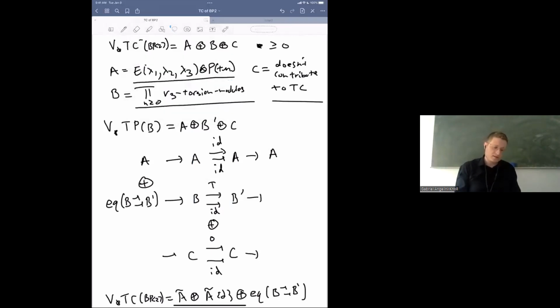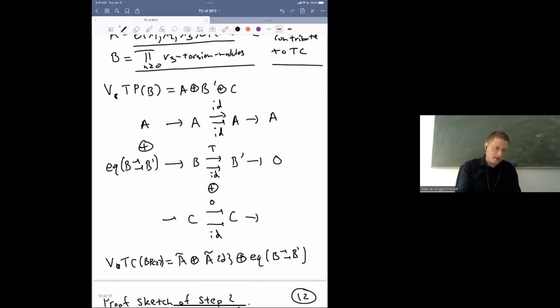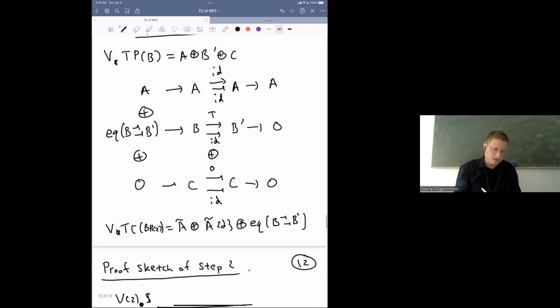And that's essentially what's going on here. So this ends up being also V3 torsion free. And because that sequence was Mittag-Leffler, the co-kernel is 0. And then here we have 0 and the identity. So there's no equalizer or co-equalizer. So that's just a sketch of what the different pieces are from the calculation of TC.